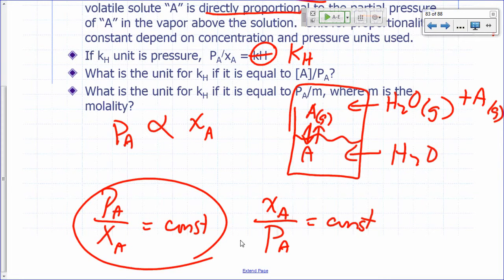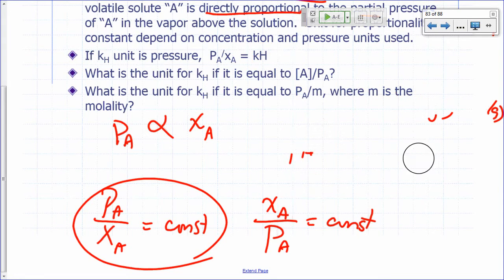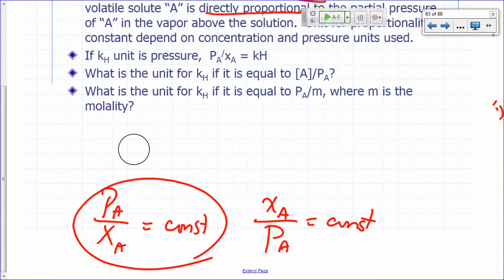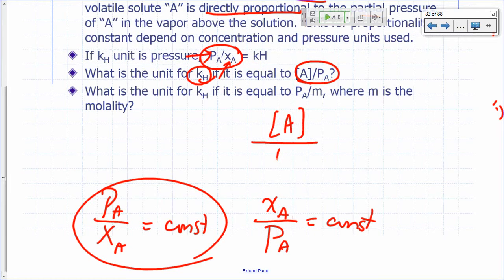If your K sub H is in pressure, that means this is the relationship: pressure over mole fraction. Mole fraction is unitless. What would be the unit for K sub H if concentration of A over partial pressure of A is equal to Henry's law constant, K sub H?